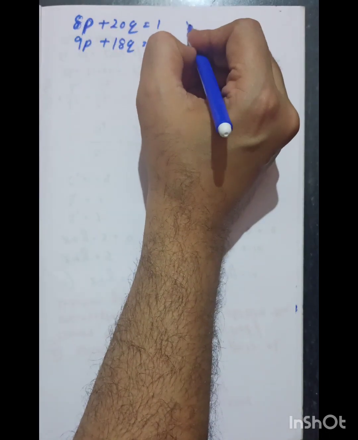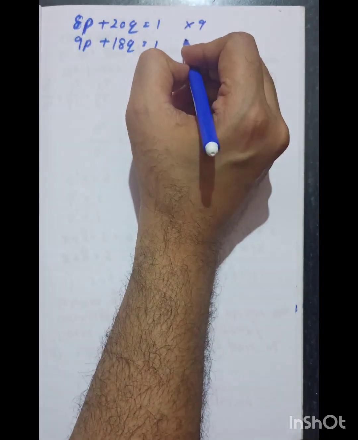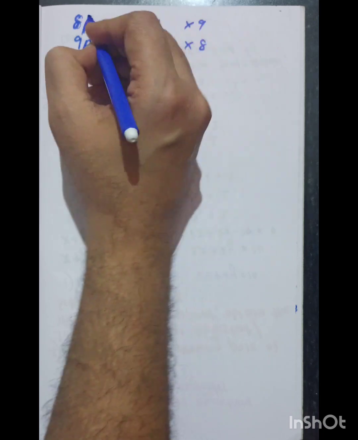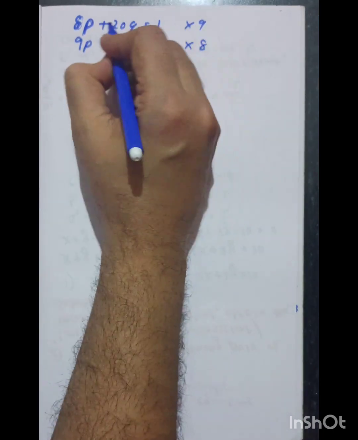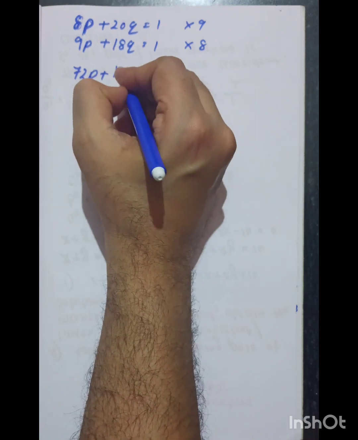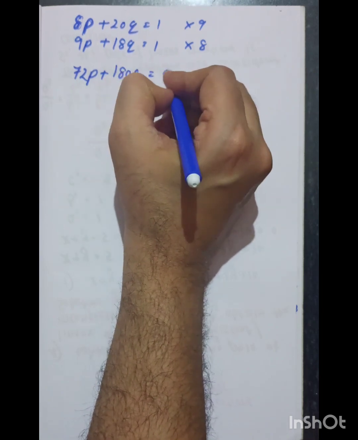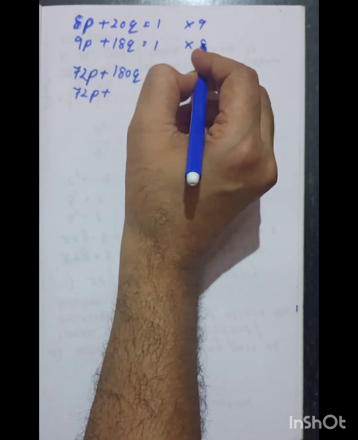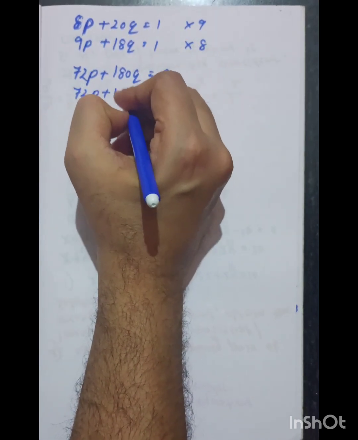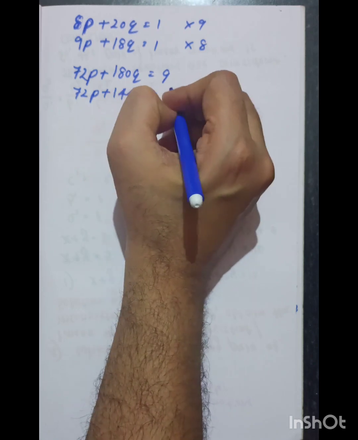This 9 here into 9 and this 8 here. 9 8s 72p, 9 20s 180q equals 9 1s 9. 8 9s 72p, 8 18s 144q, 8 1s 8.